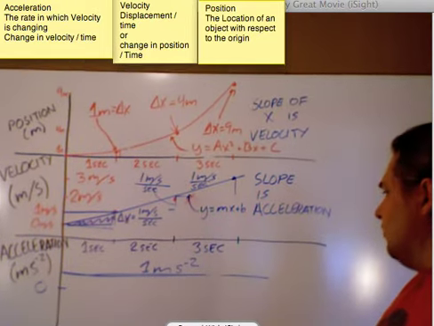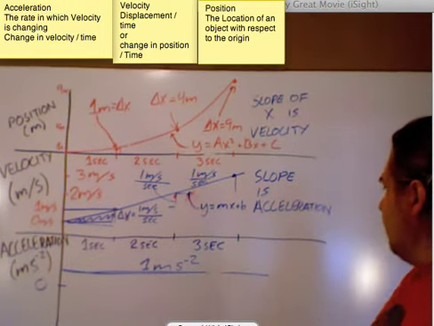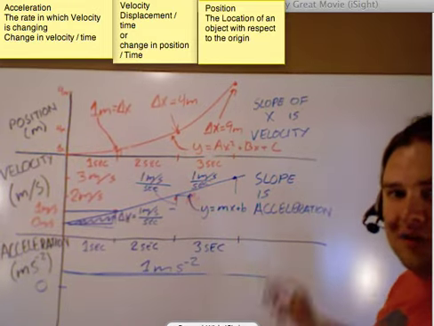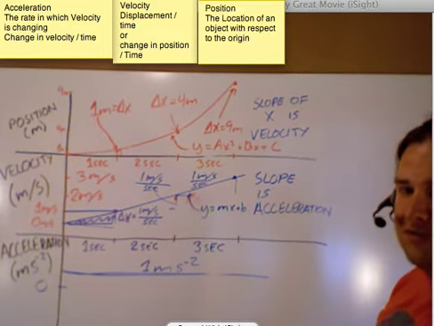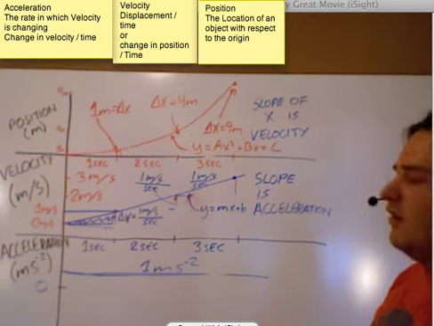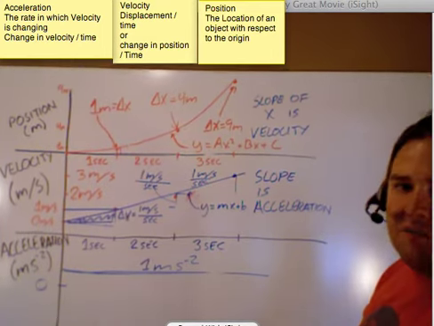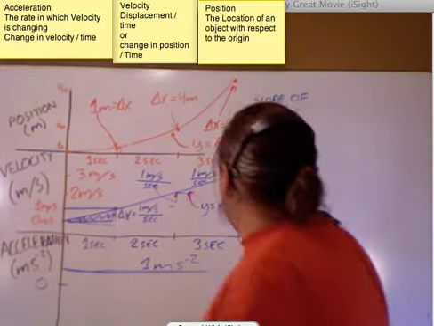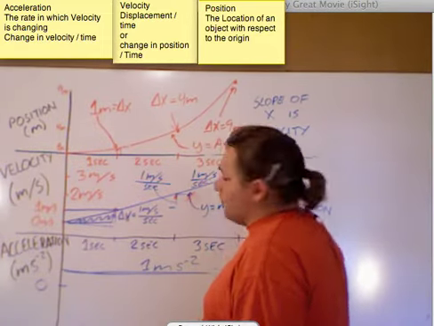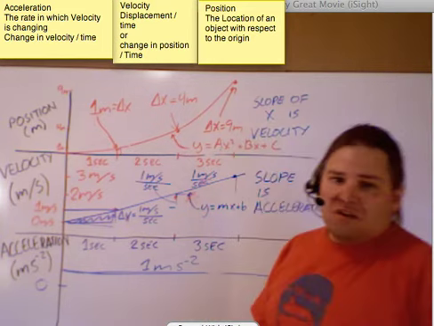My acceleration, there's nothing that we can glean from this. The interesting thing is on that top equation, y equals ax squared plus bx plus c. If x is time here, then this right here is 1/2 my acceleration.